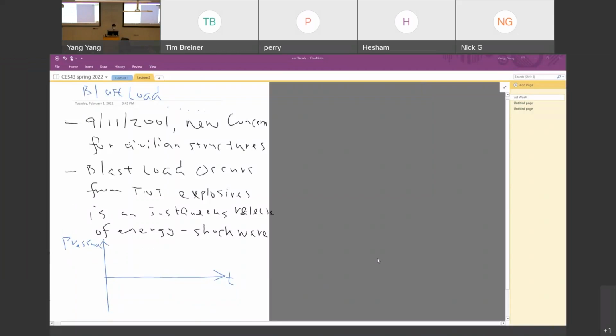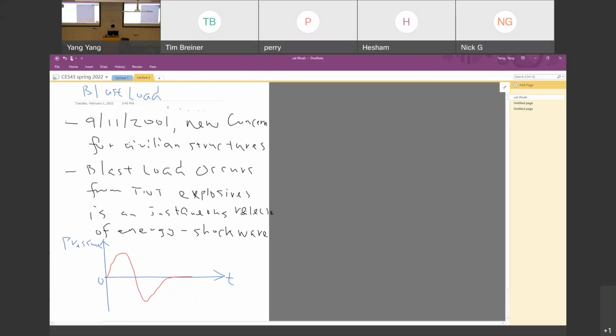So typically when we consider the blast load, we are usually concerned about the fact that after the explosion of the TNT, there will be some pressure applied to the exterior surfaces of your structures. The pressure varies with time, right? So typically, you will see some variation of pressure like this.